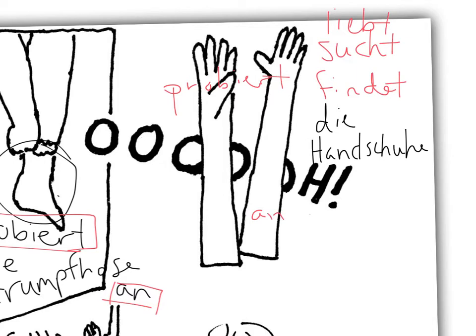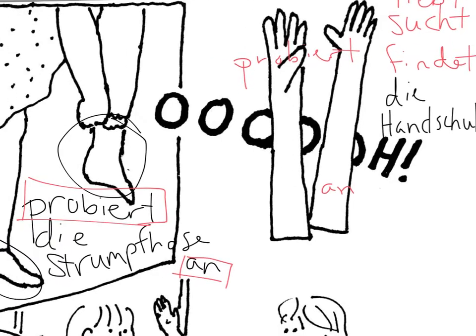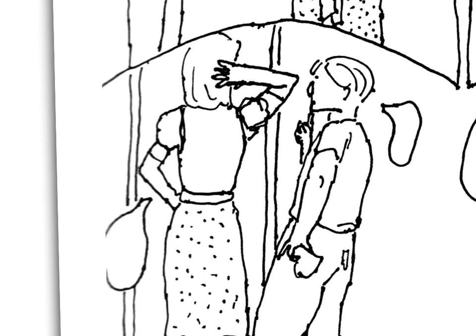So any of those would be appropriate. Use a verb that you like. Liebt, sucht, findet, probiert. Just use one that makes sense. It wouldn't make sense to say Sabine wirft die Handschuhe. She's not going to throw them. So, sehr gut.